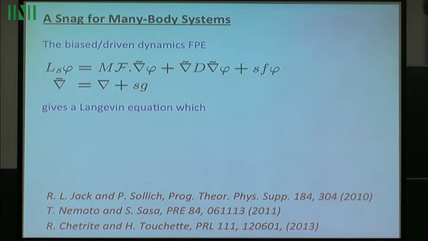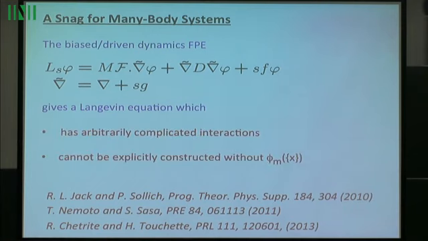Okay. So there's a snag, as you might anticipate from what I said before. That's the recipe, but if I try to do that for a system of many particles with lots of interactions, I get something which is arbitrarily complicated.